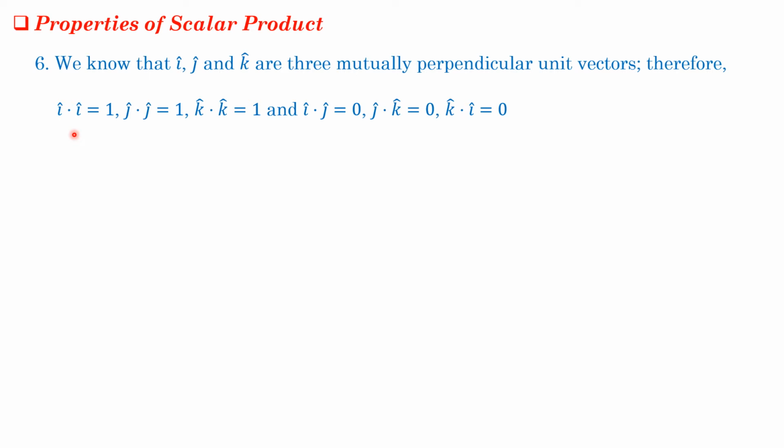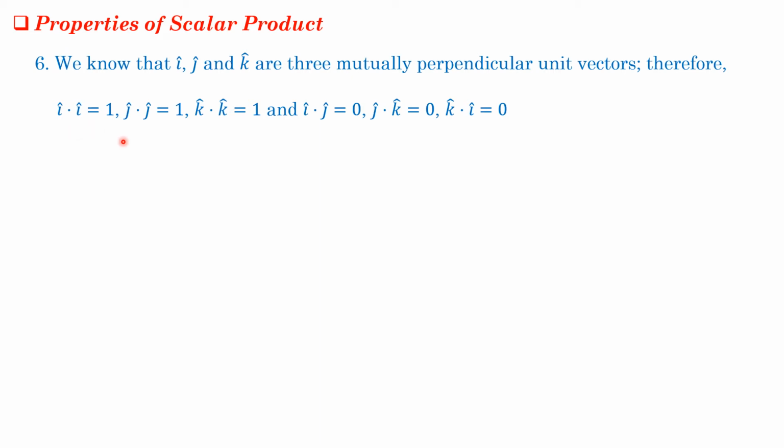Modulus i is equal to 1, because they are unit vectors, and cos 0 is also 1, so 1 into 1 into 1 will give us 1 only.